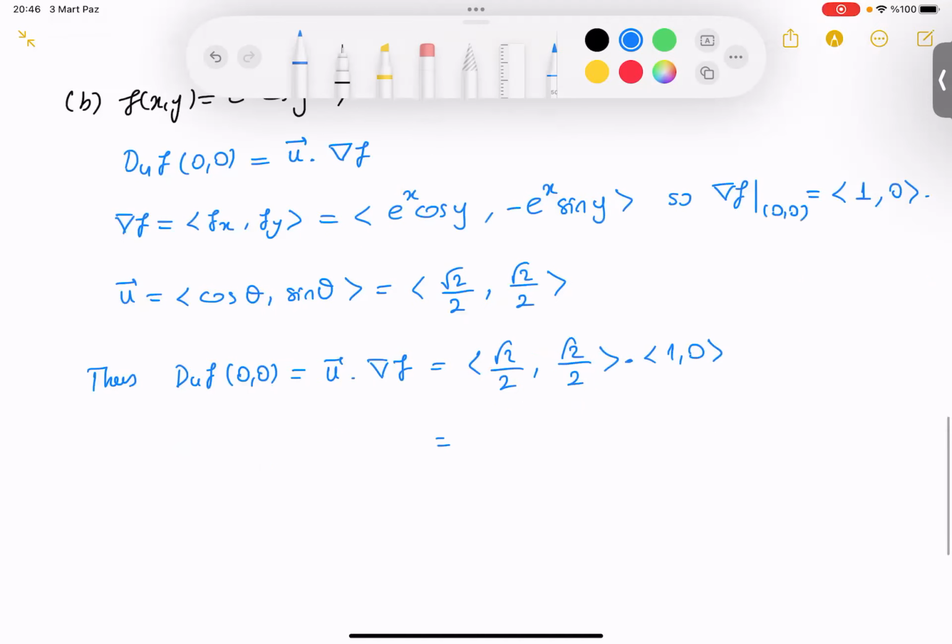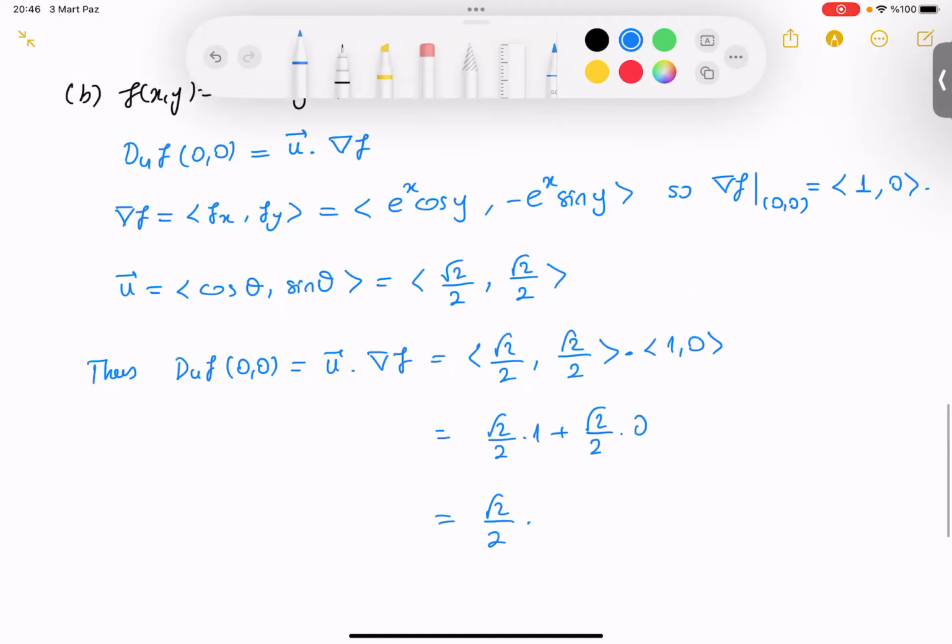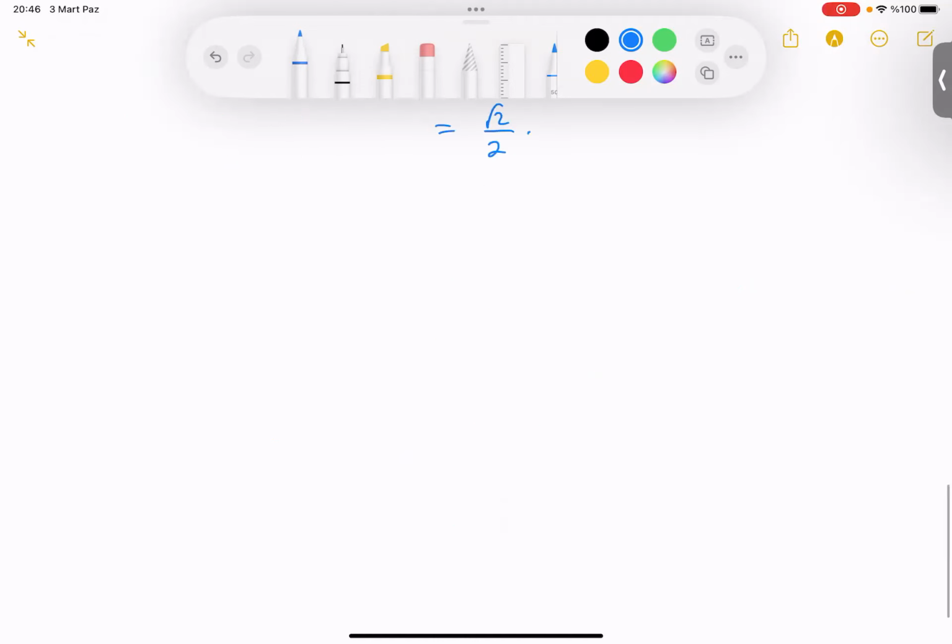You multiply them component-wise. You take this 1 times 1 plus this times 0, and you get this. Okay, this was the first question.